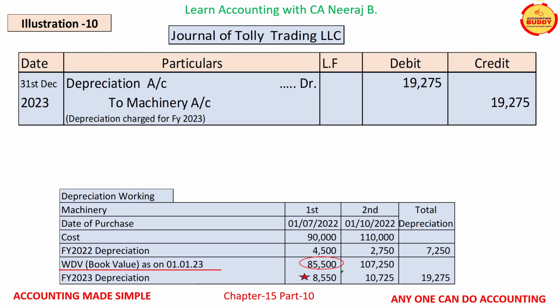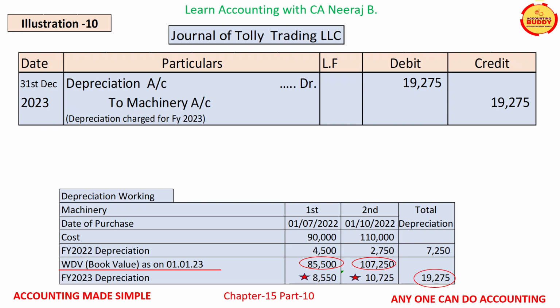The WDV of machinery 2 as on 1st January 2023 is $107,250, and at the rate of 10%, the depreciation amount for machinery 2 for the financial year 2023 comes to $10,725. Therefore, a total amount of $19,275 will be provided as depreciation for the financial year 2023.